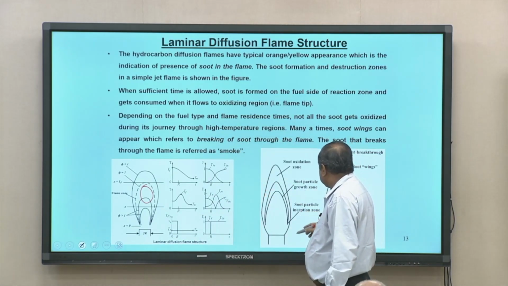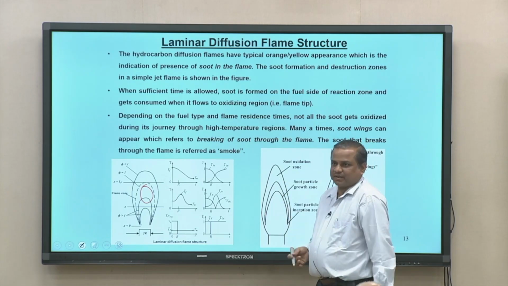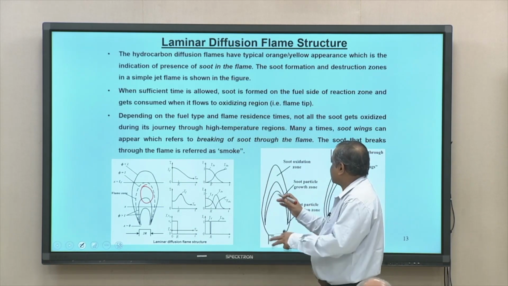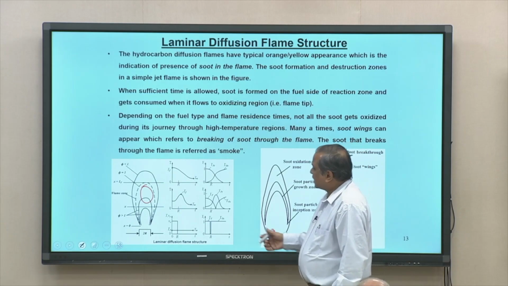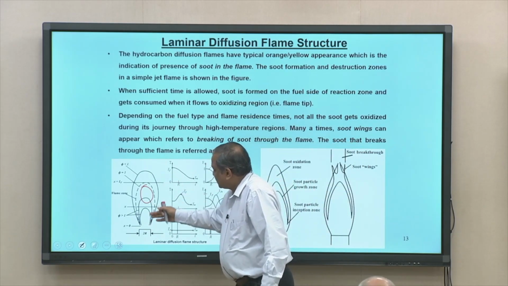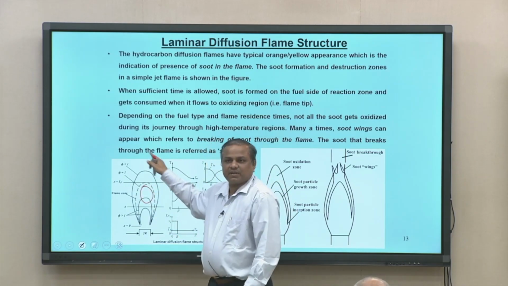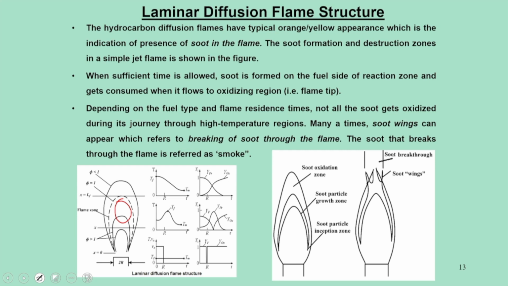Since it is an auto-ignition event, not necessarily every corner of the combustion domain will have the same fuel-air mixture. This is one case, this is one zone. If there are multiple fuel injectors, there will be a combined effect of all the fuel jets. So we cannot precisely say whether soot particles form or not, because it is the combined effect of pressure and temperature that decides an effective combustion zone.